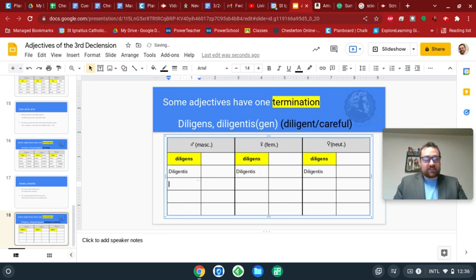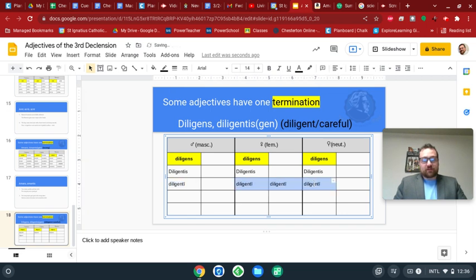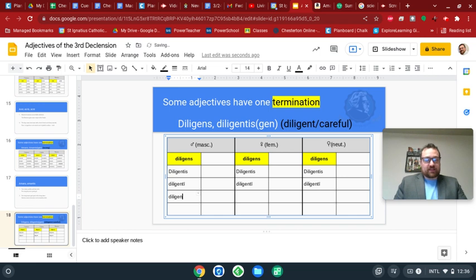Here it would be diligenti, and we're going to use that. For dative, diligentem. And then we're going to put diligenti, sometimes diligente.